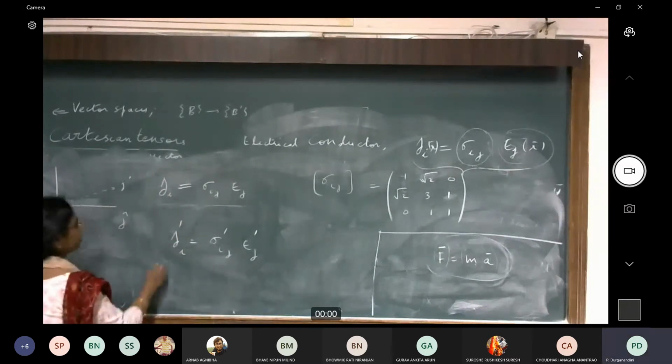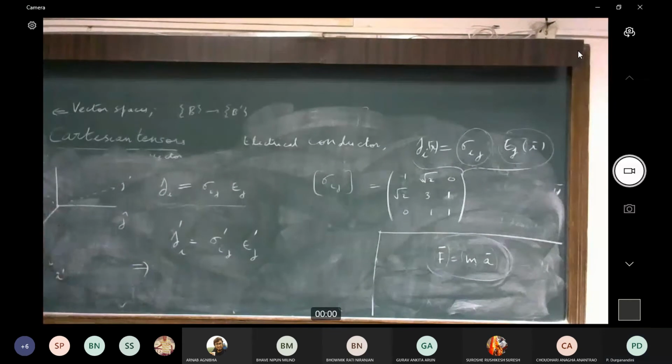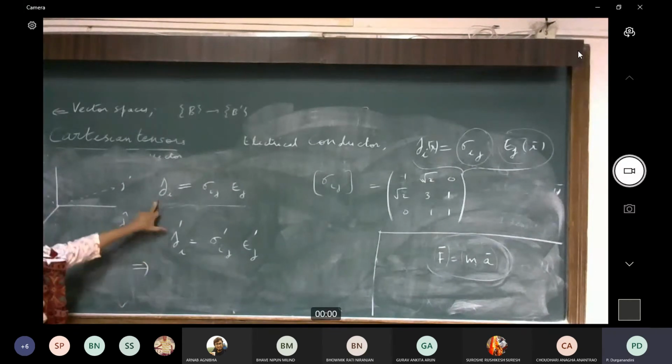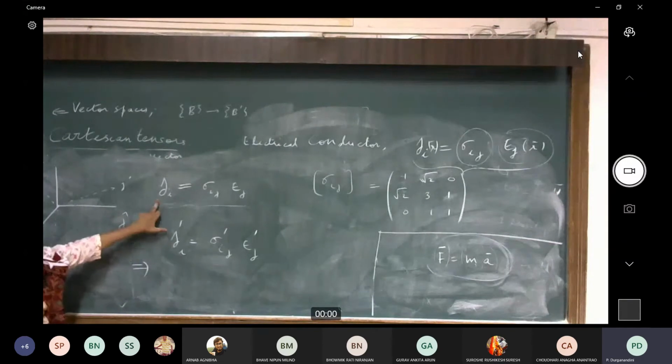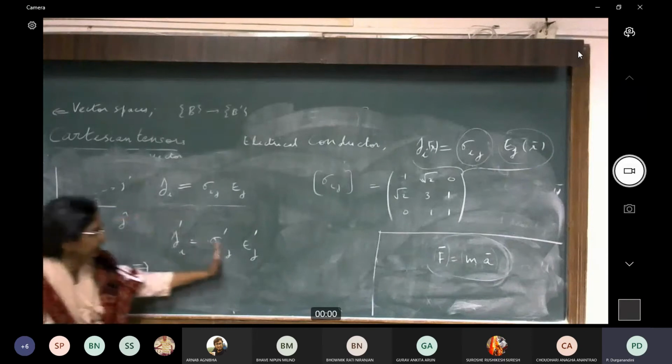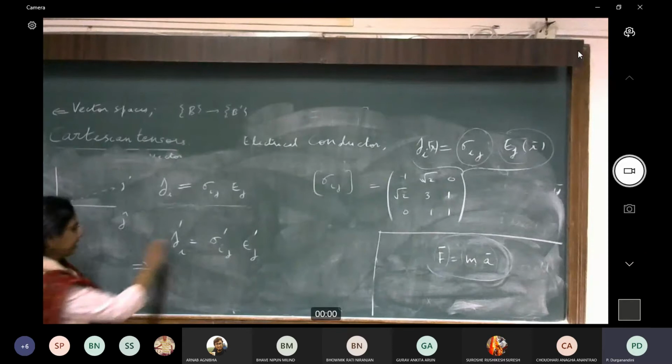But how is this related to this? I can simply relate this to this in the form that I will get an Rij. So this J prime i will be Rij Jj, Rik Jk, and then I use the transformation properties and figure that out. Okay.